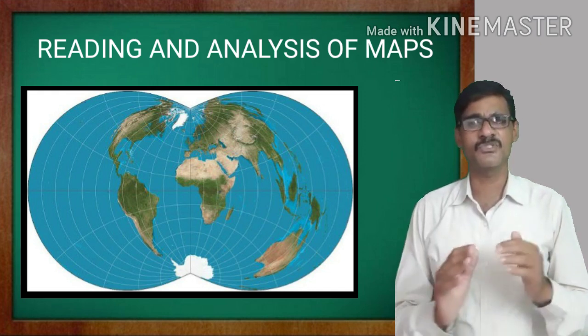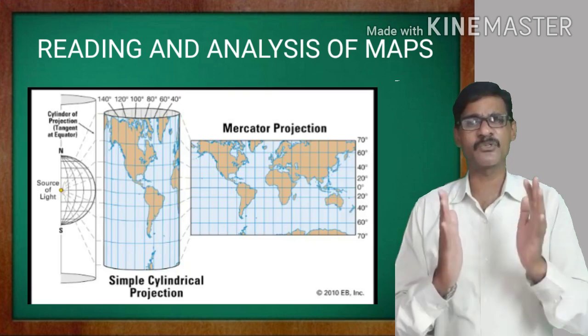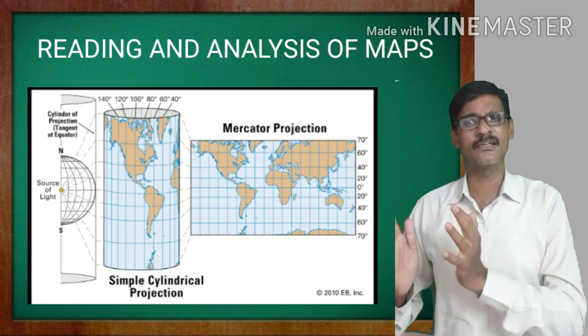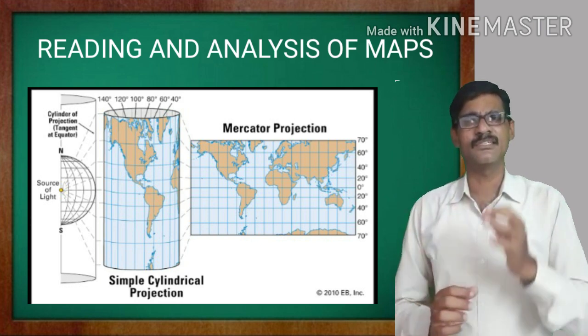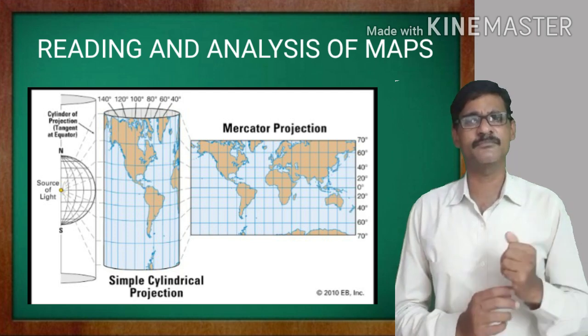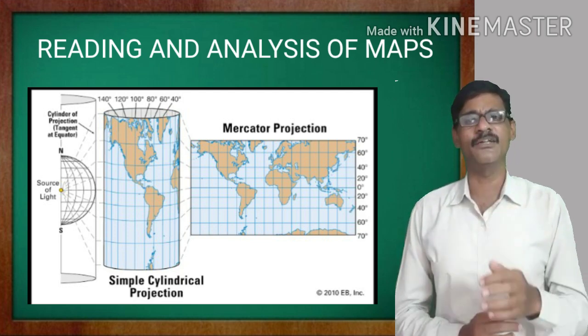These are the problems of showing the globe on a flat map. So the Mercator projection is a projection showing the correct shape and direction of the continents with a small distortion of size and distance.